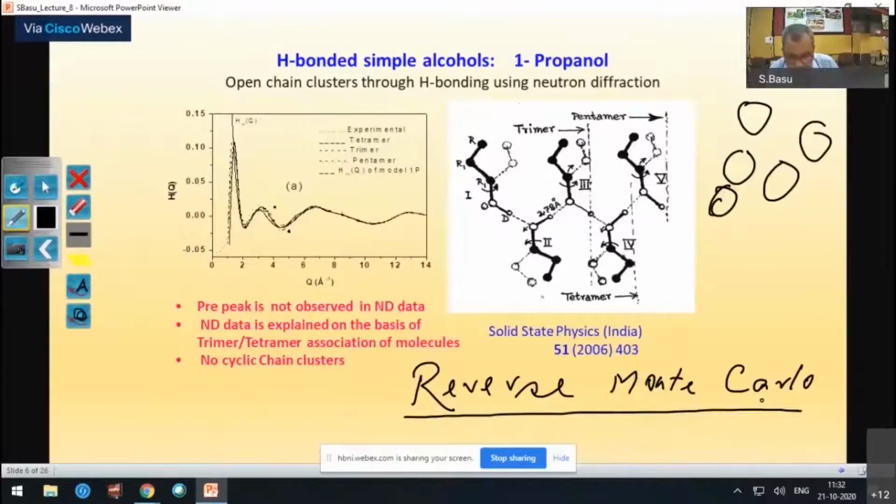So possibly this topic will be taken up in more details during the next module of talks on diffraction. This is a brief introduction to liquid and amorphous systems.